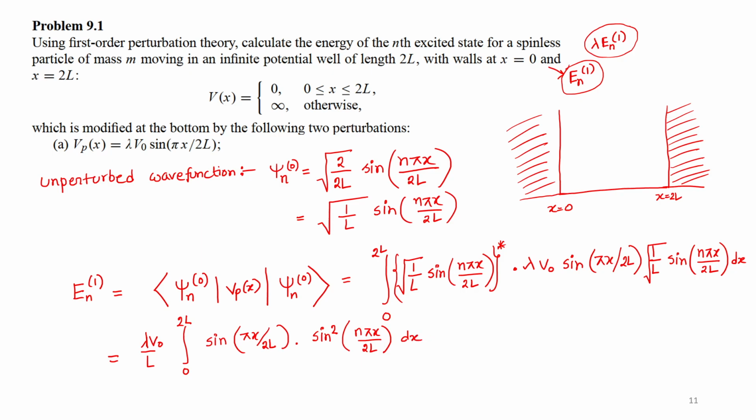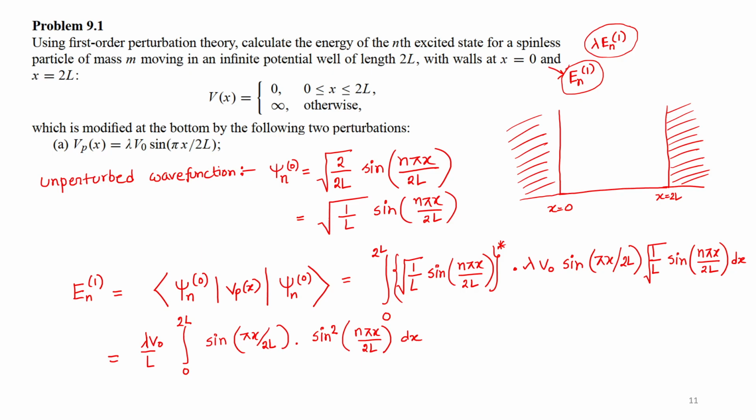What can we do here? Can we take anything in common here? Cos, sine, 1 minus cos square. If I take that, no. So we have a sine square thing, right?